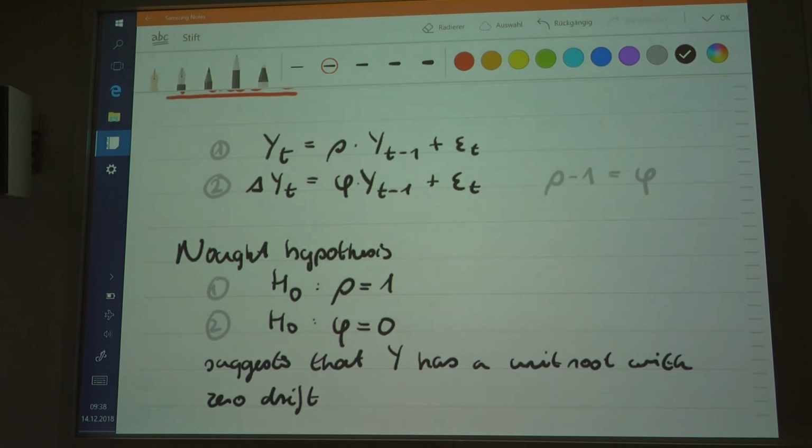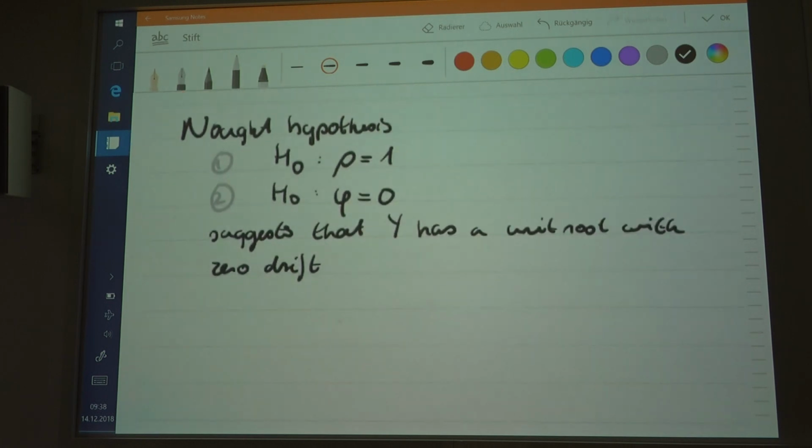You can see this clearly: if phi is equal to 0, then of course the difference will be stationary, and the original process, which you would get by summing it up, is going to be integrated with 0 drift. Of course, there will be no drift here. So this is what the null hypothesis says.